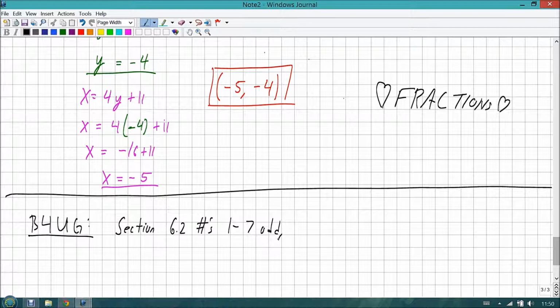And then I'm going to give you so much more. 11, 15, 17, and of course I've got to give you fractions, right? After all that love, yeah, that's right, got to give you fractions. And who doesn't like money? So 25. All right, all done. Good luck and have fun.